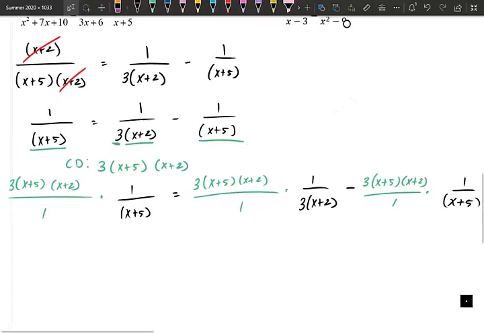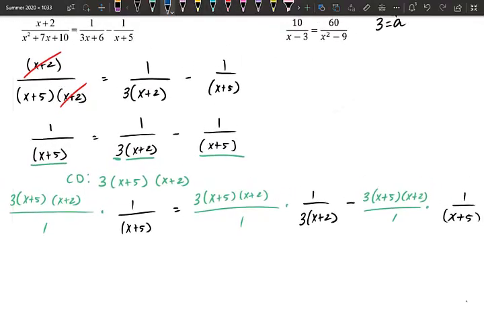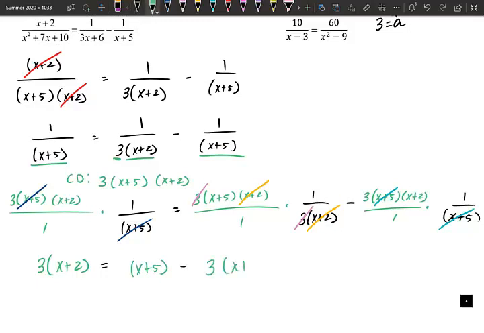All right, so let's start canceling left to right. We can cancel out x plus 5, x plus 5. We can cancel out 3 and 3. Also x plus 2. And then last we can cancel out x plus 5. So writing what we have left over, we have 3 times x plus 2 equals x plus 5 minus 3 times x plus 2.